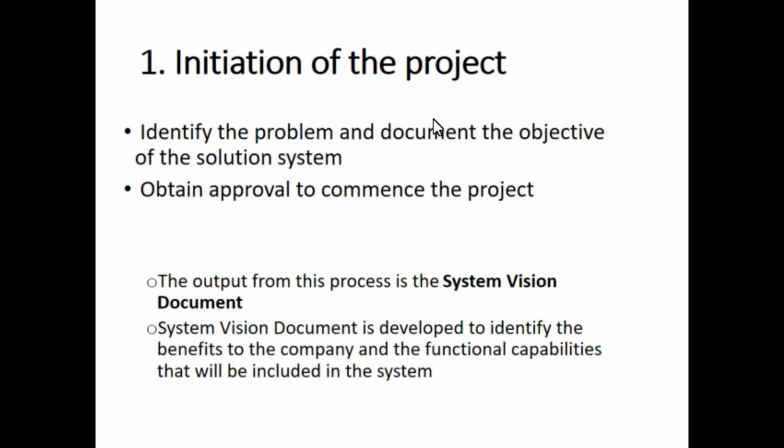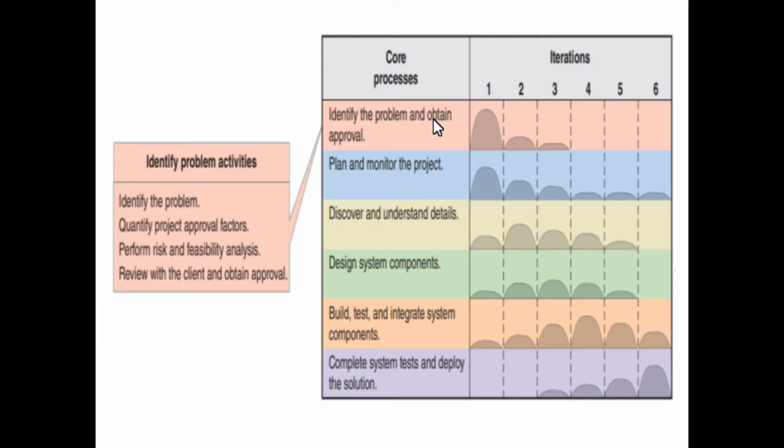So here the output is the system vision document. The system vision document contains three things, which we will discuss later, but pretty much the first phase, the problem identification or project initiation phase, has four activities listed here.